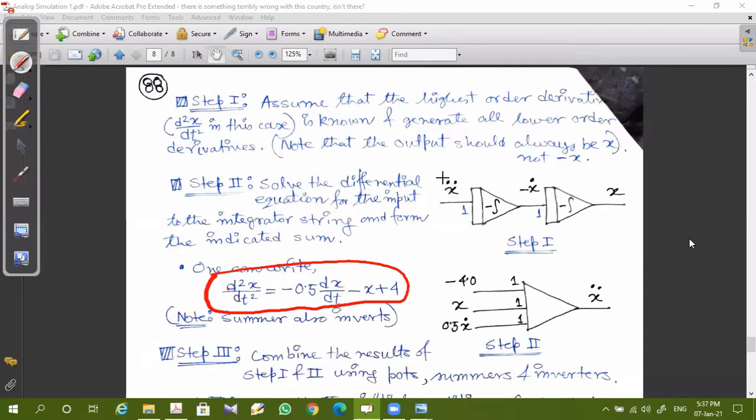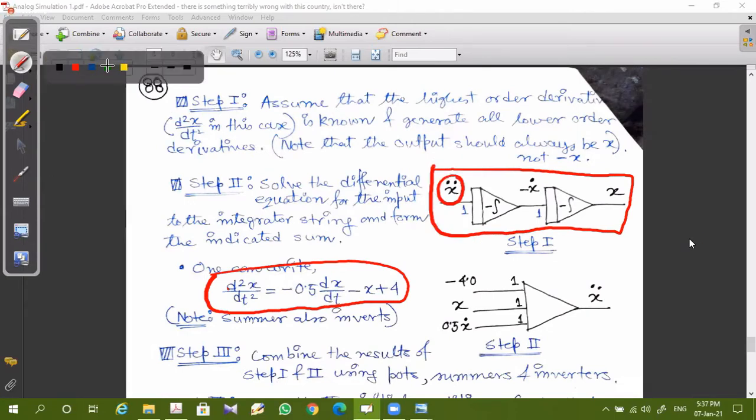Okay, with the idea that once you have the information on x double dot, you can integrate it once to get x dot. Most important thing to note here, these integrators are all inverting integrators. So x double dot will not give you x dot, it will give you minus x dot, right? This should always be kept in mind. And then integrating it again, you get x. So this is a standard forward path.